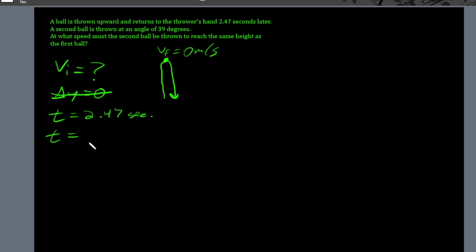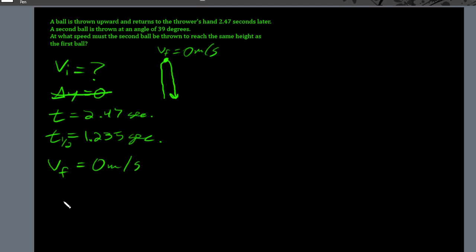That means I need to have t 1/2, which is going to be 1.235 seconds when I split time in half. And I'm going to say that VF equals 0 meters per second.